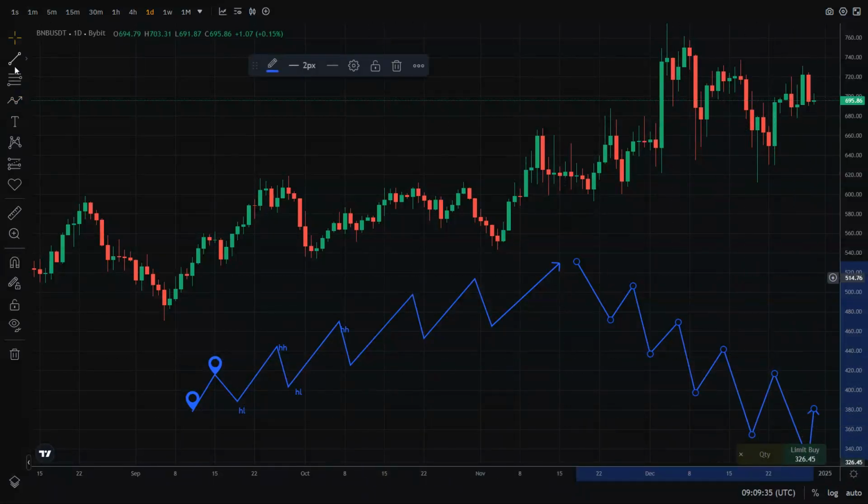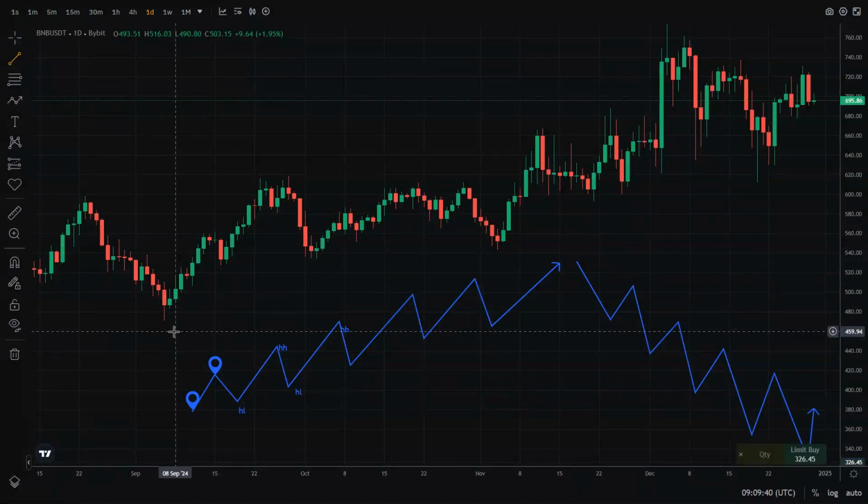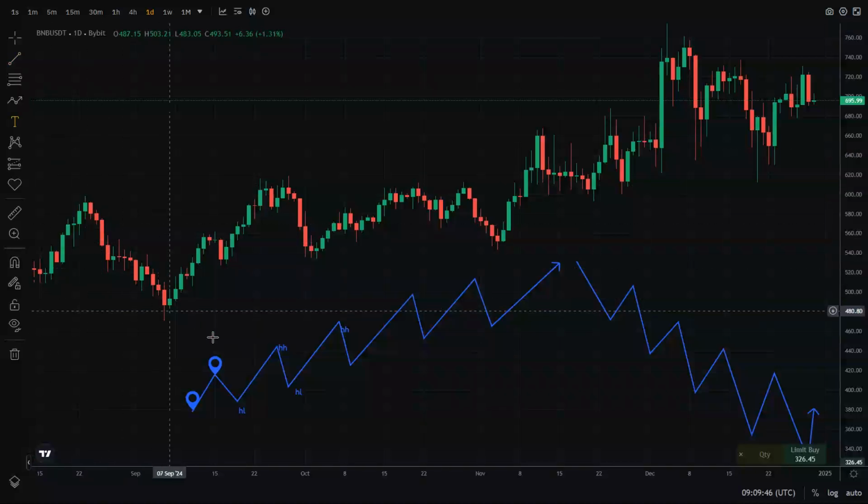All right, these are the things you must look for in the market: the higher high and the higher low in an uptrend. Let me put something like uptrend.